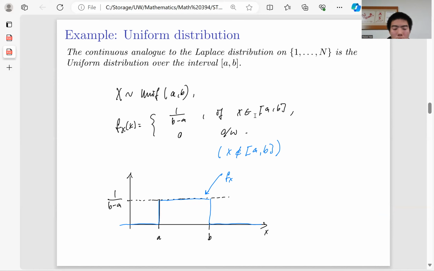If x belongs to the interval a, b, then f(x) is equal to 1 divided by b minus a. That is easy to understand because the area is 1 and you have a length of b minus a, so the height must be 1 divided by b minus a to give a constant value, which makes it uniform.